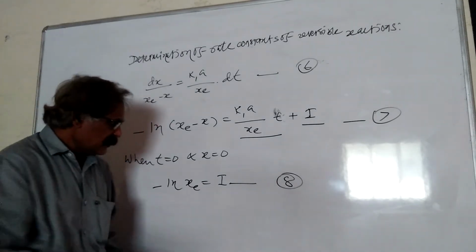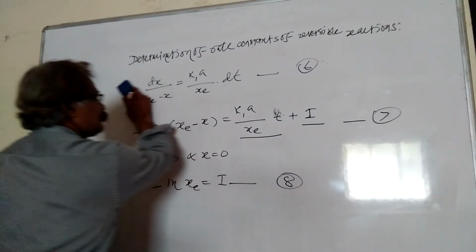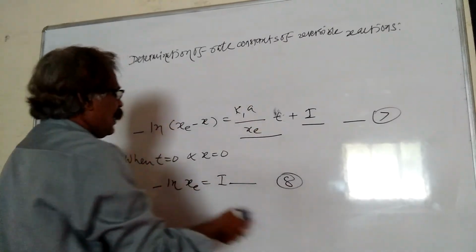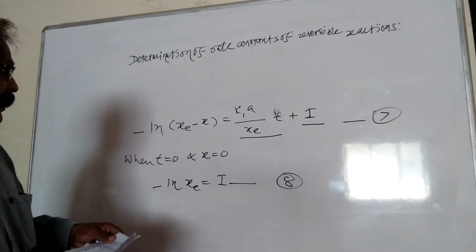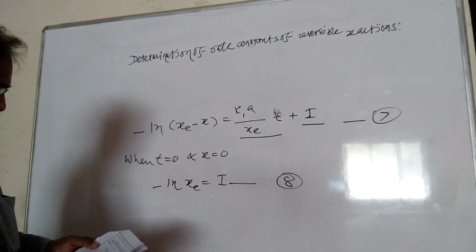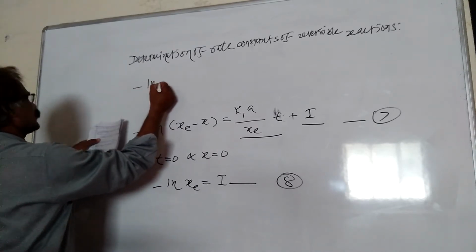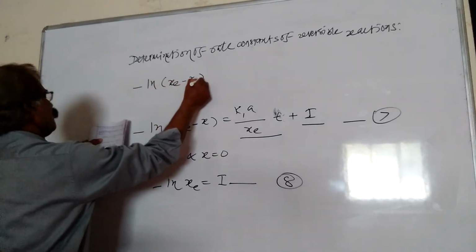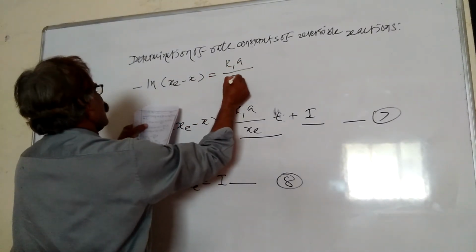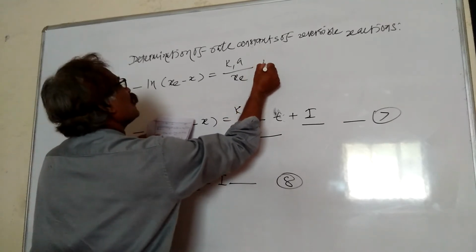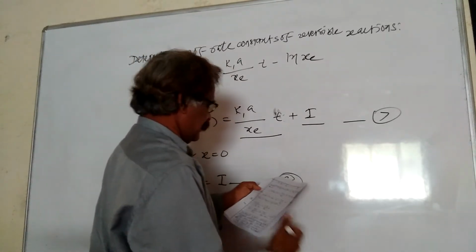Now substituting this value of I in equation number 7, we get minus natural logarithm of xe minus x is equal to k1a upon xe into t minus natural logarithm of xe.